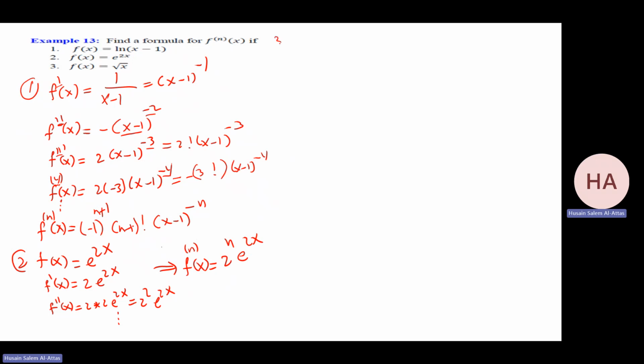Okay, third one. y equals x to the power half. So y prime is half x to the power minus half.